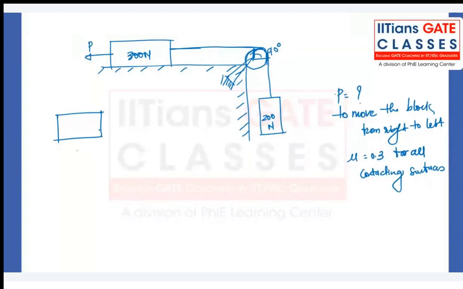No, 215, 230, incorrect. See, 200, 300 Newton downward. Upward is normal reaction. Right side is tension.